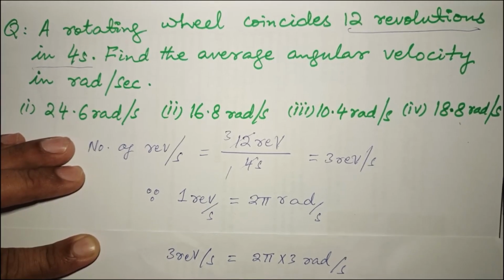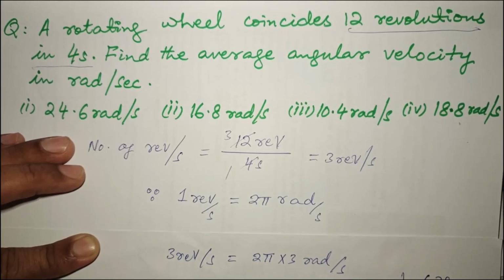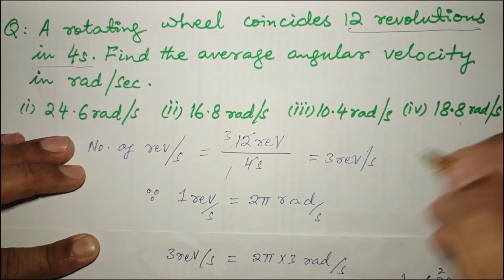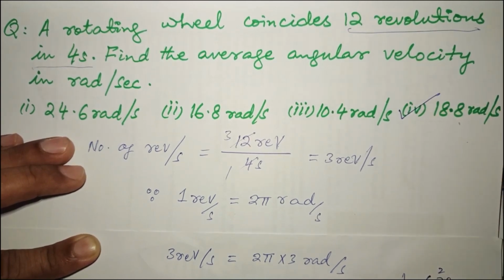This will be 6.28 multiplied by 3. So make the multiplication and get the result. 6.28 into 3. 3 eights are 24, carry 2, 3 twos are 6 and 2 is 8, and 3 sixes are 18. So 18.84 radian per second. So this will be the correct option.